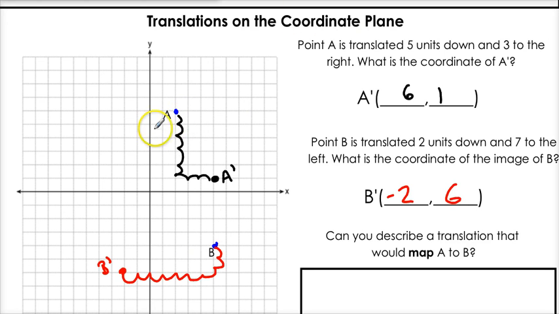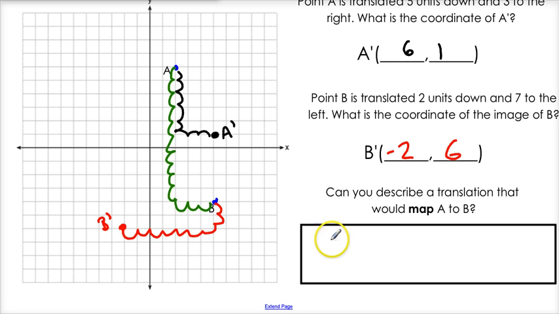So to get from A to B, what do we have to do? Well, I have to go down 1, 2, 3, 4, 5, 6, 7, 8, 9, 10. All right, so I went down 10, and over 1, 2, 3. So all you got to say to map A onto B is translate.